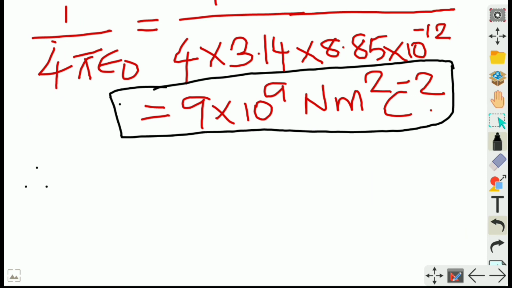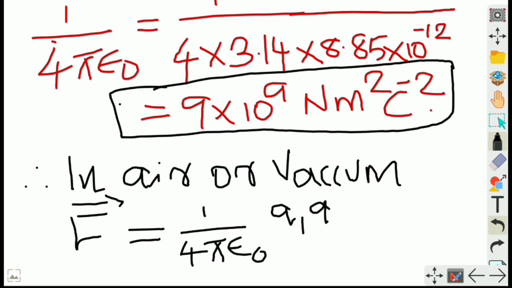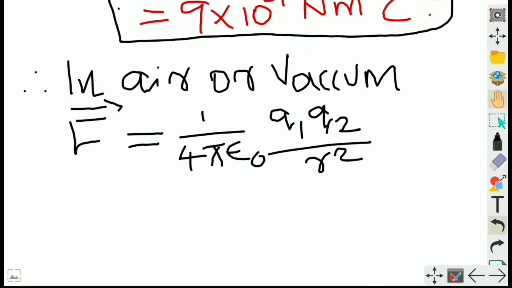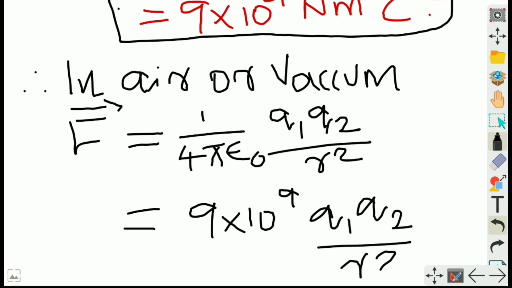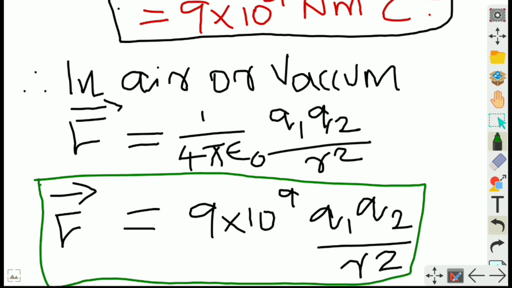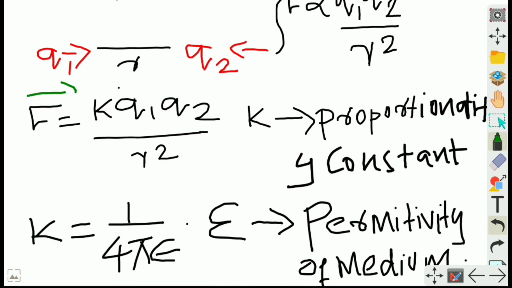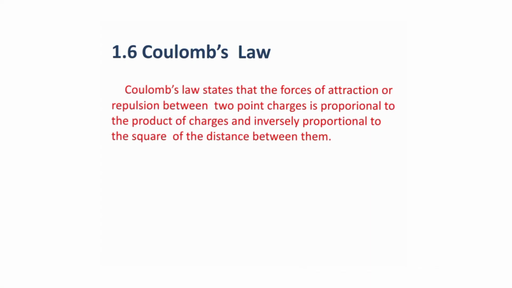Hence, in air or vacuum, F equals 1 by 4 pi epsilon 0 q1 q2 by r square, and putting the value of 1 by 4 pi epsilon 0, we get 9 into 10 raised to 9 q1 q2 by r square. And finally, we got the mathematical expression for Coulomb's law.